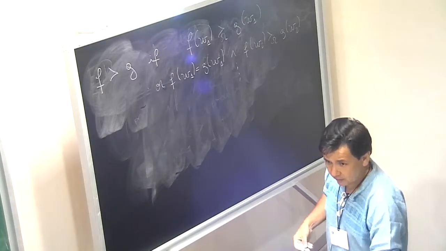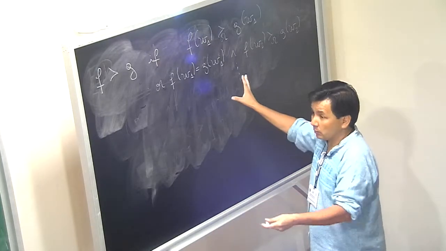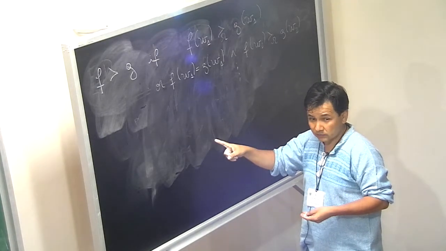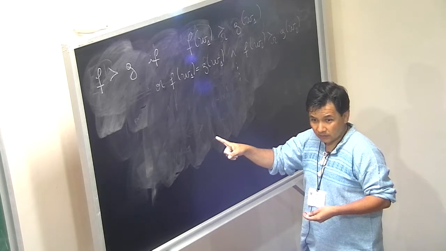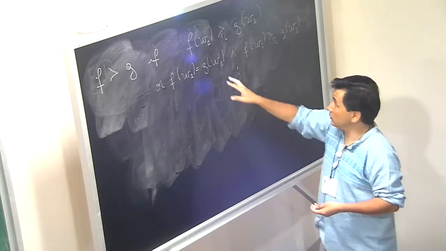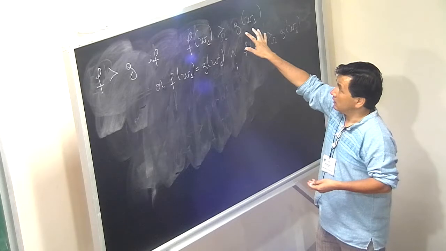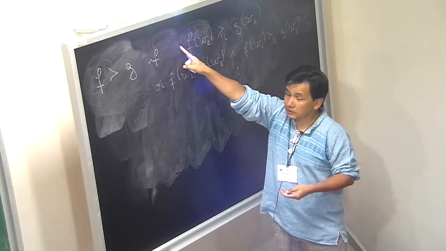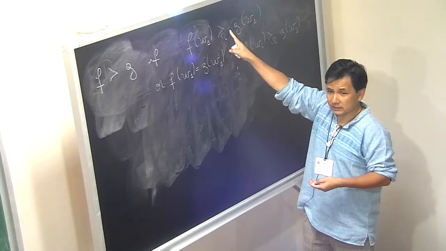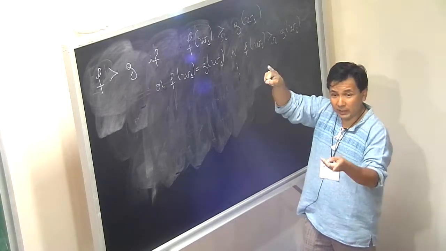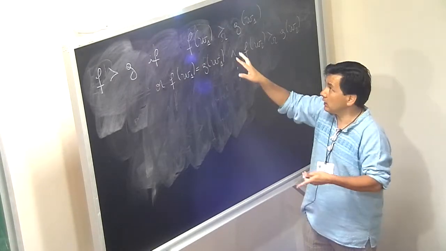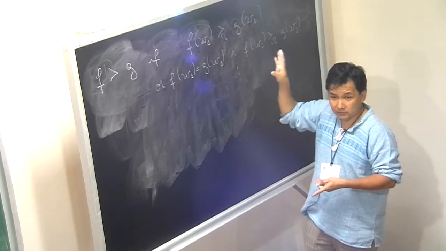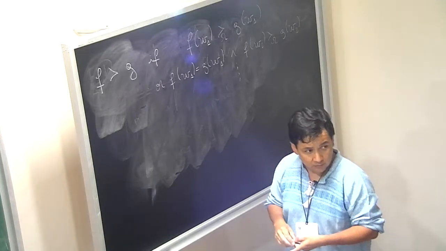Is it okay? And the order that you are producing this way is invariant under left multiplication. Why is that? Because if you have this inequality here and you multiply on the left by h, since the group acts on Omega preserving the order, you will have the same inequality. So this order is invariant under left multiplication.